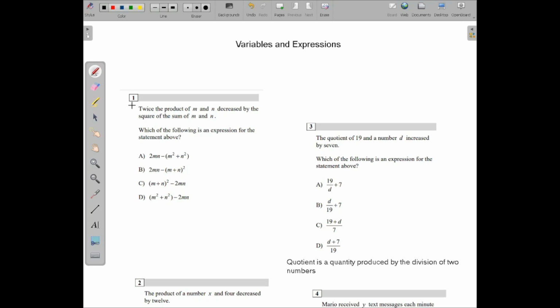For number 1 we have a statement and we need to find the expression that says twice the product. Twice means 2 times, right? Twice, 2 times the product. We need to find the product.